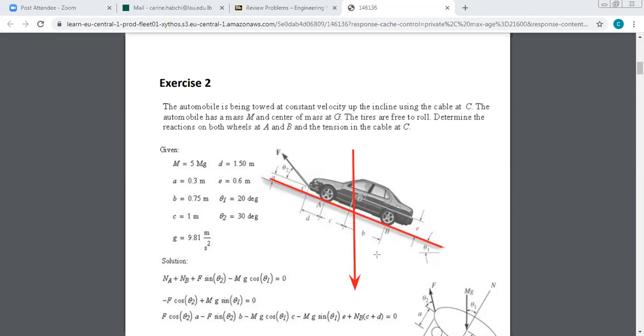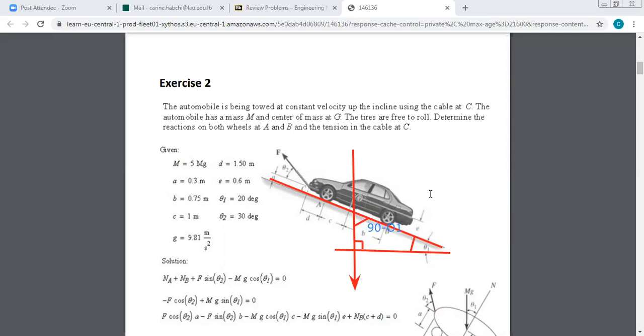In the figure, it is given that the inclined line is doing an angle theta 1 with the horizontal. But since the weight is perpendicular to the horizontal, the angle between the weight and the horizontal is 90. So if you know that this is 90 and this is theta 1, what will be the angle between the weight and the x-axis? In a right triangle, the summation of the angles is 90.